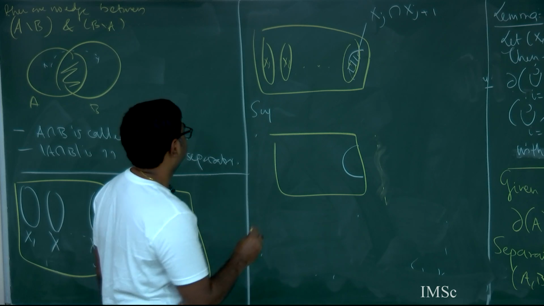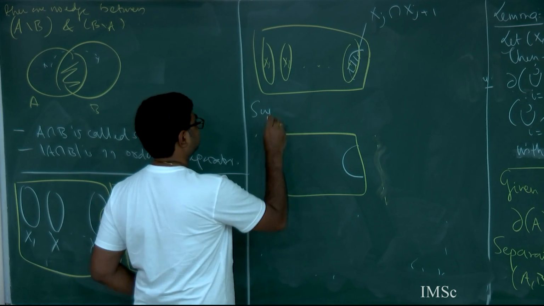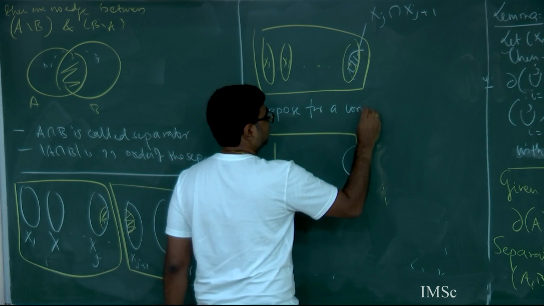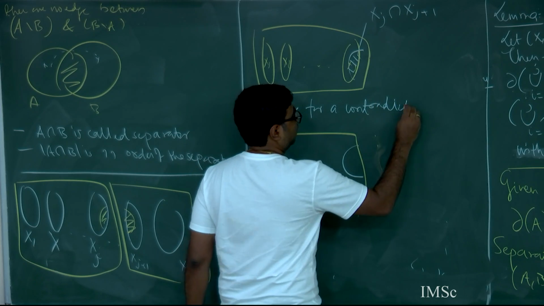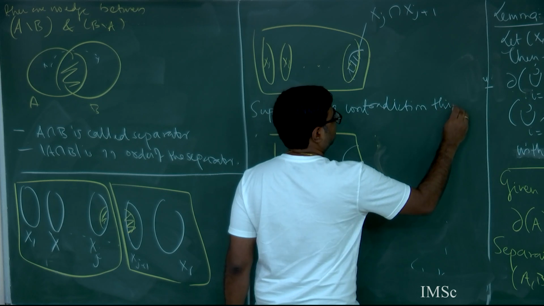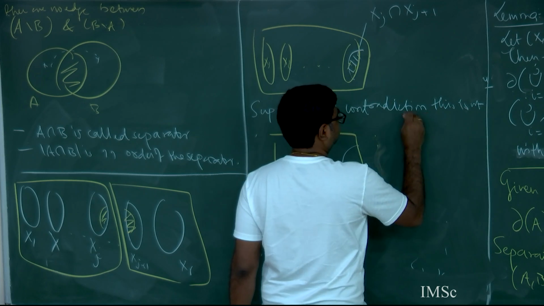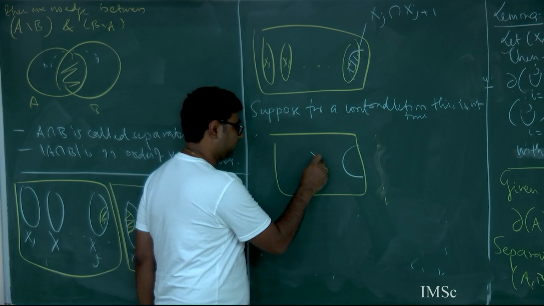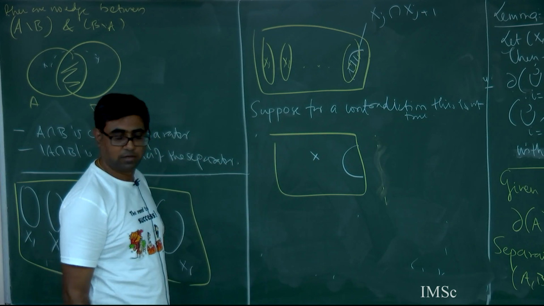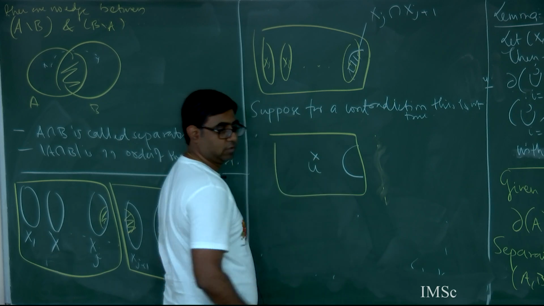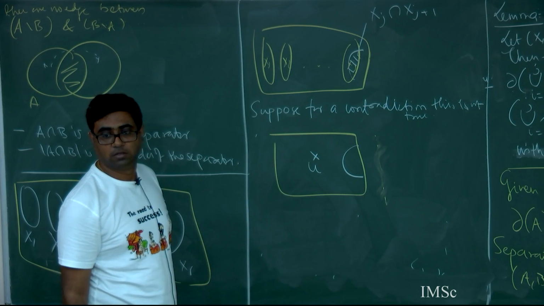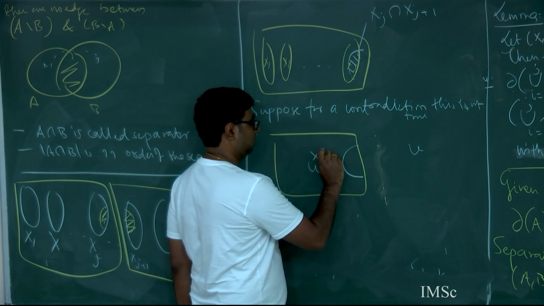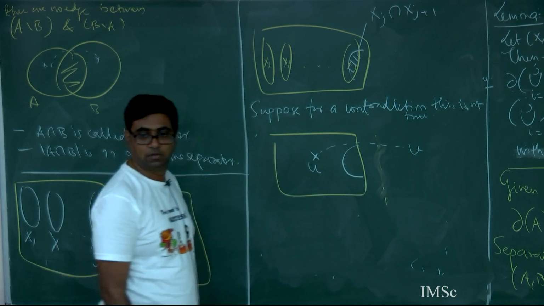So suppose for a contradiction that this is not true, what does it imply? That I will be able to find a vertex here, let us call it u, with property that it has a neighbor outside and it has an edge, right.